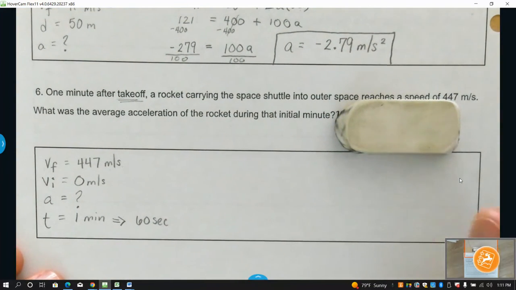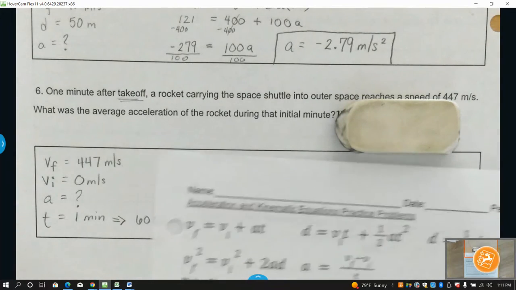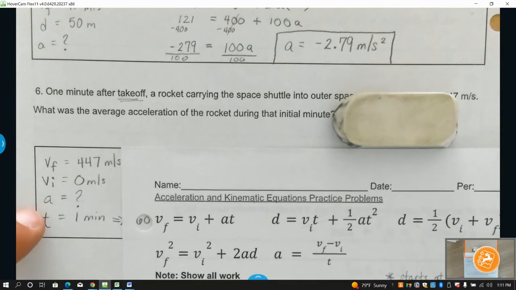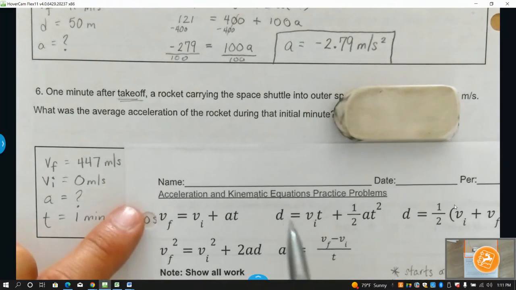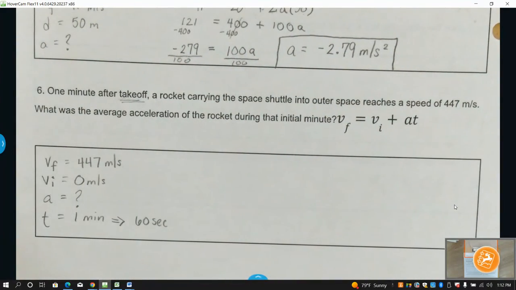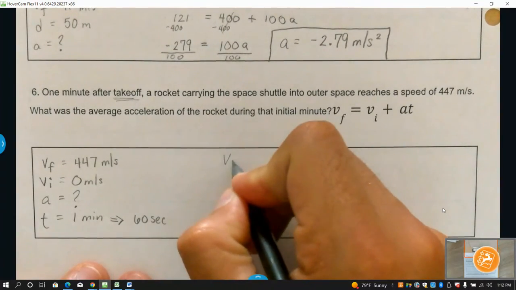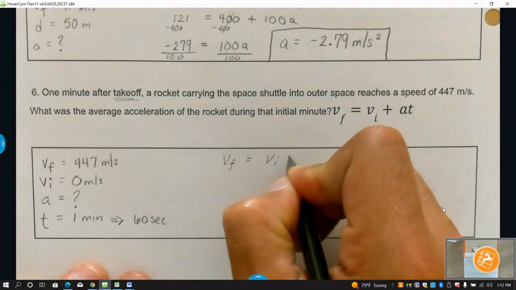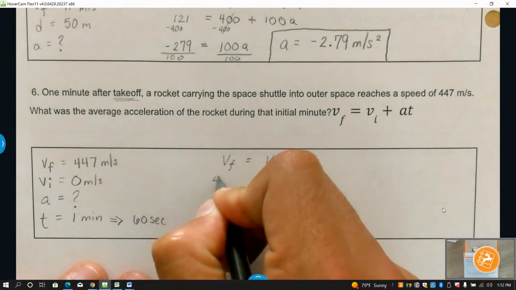So you look on the front side for the equation that has VF, VI, A, and T. Boom. This guy right here, first one. VF, VI, A, and T. VF equals VI plus AT, and we finish by putting everybody in.